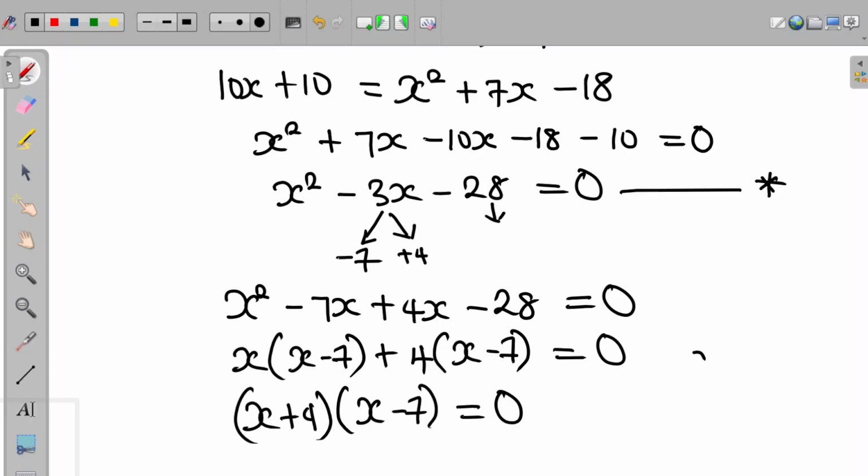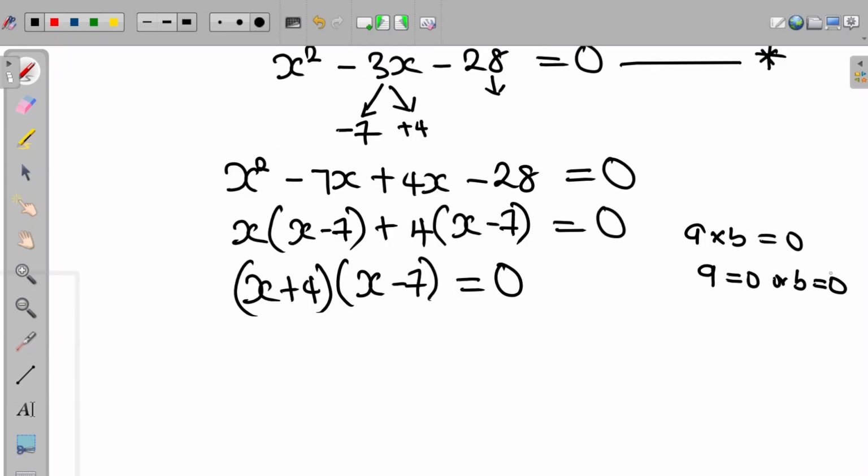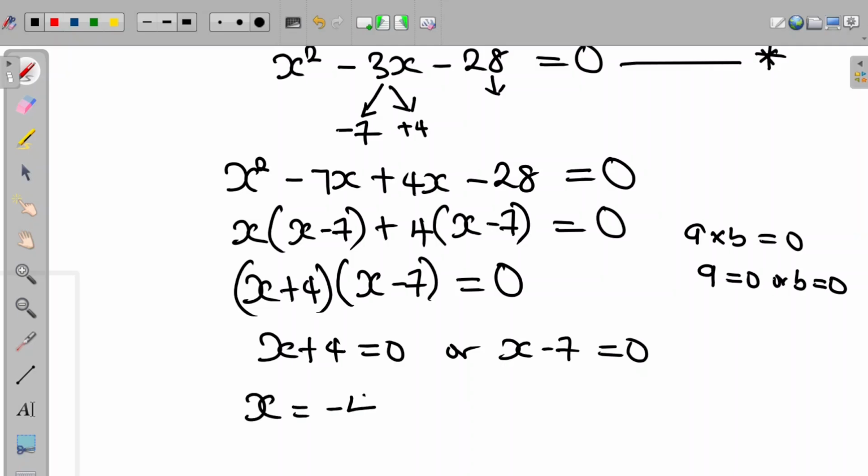Now recall that if a multiplied by b is equal to 0, a is equal to 0 or b is equal to 0. First, we have it that x + 4 is equal to 0 or x - 7 is equal to 0. So x is equal to negative 4 or x is equal to 7.